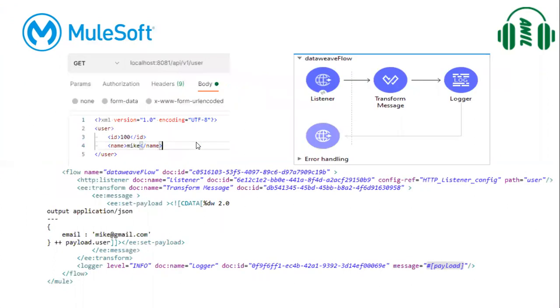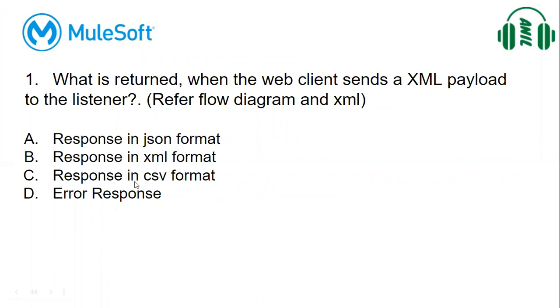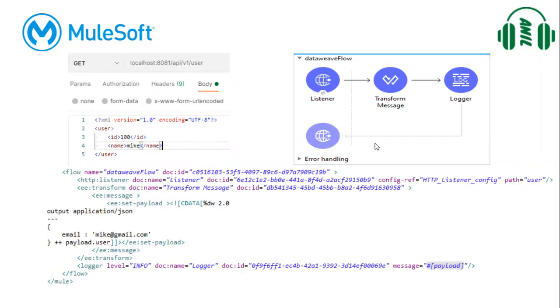So in certification, we can expect this question in other way also. So that's why I added the response in CSV format as an option C. So let me tell you that. So here instead of logger, they will give us a FTP connection, FTP or SFTP connection.